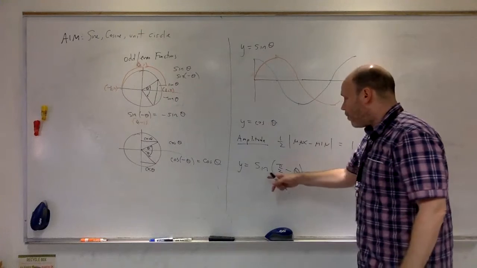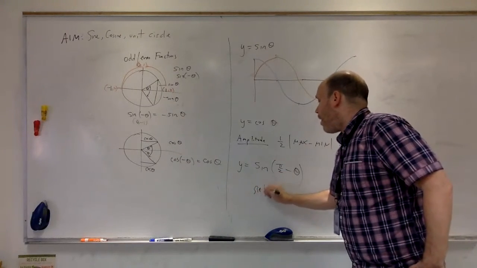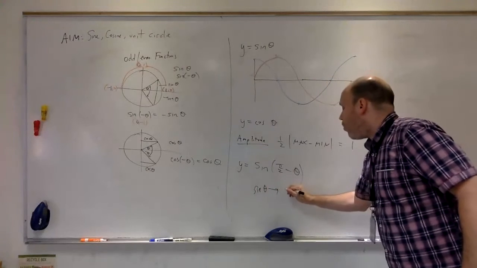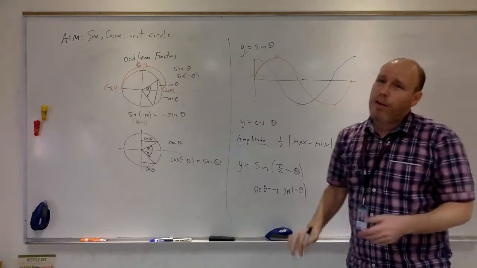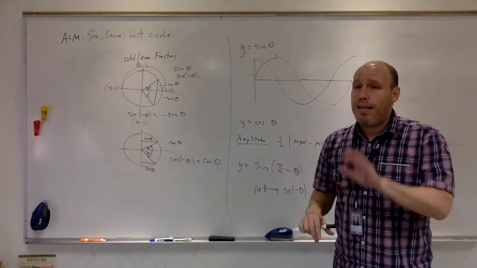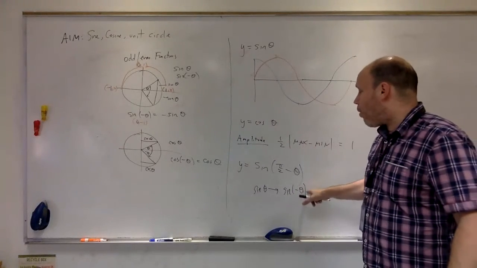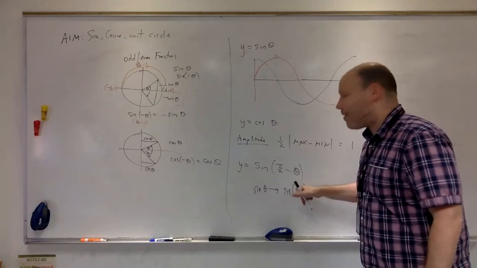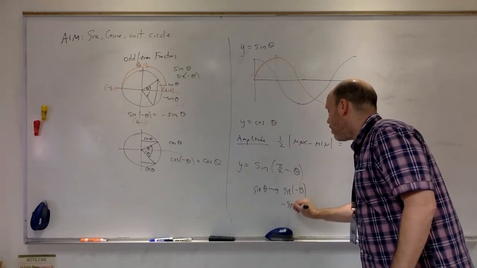Well, we know we're starting off with sine of theta, and then what happens? We have sine of negative theta. We know that when we negate the x values or the domain values, it's like reflecting over the y-axis. But we can make this a little easier on us because we know that sine is an odd function, so we can write this as negative sine of theta.